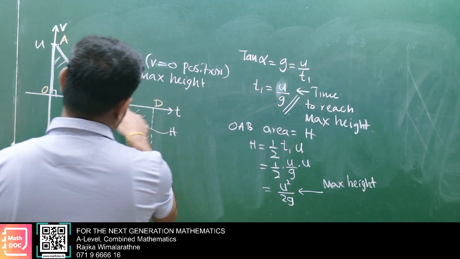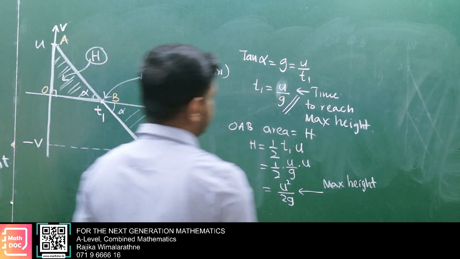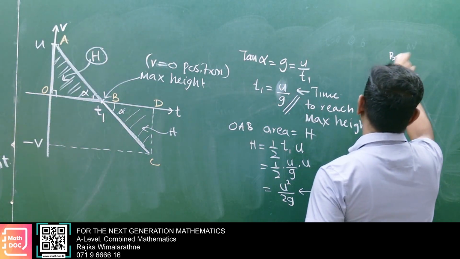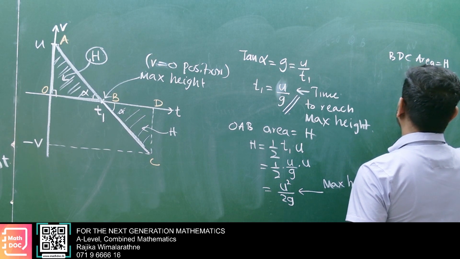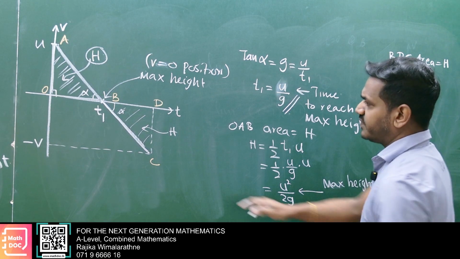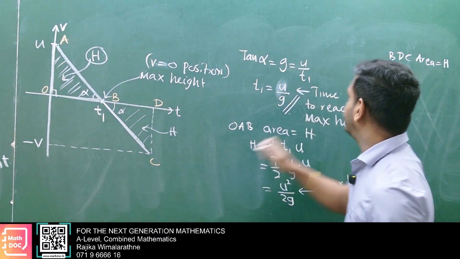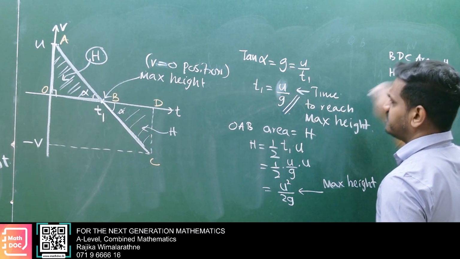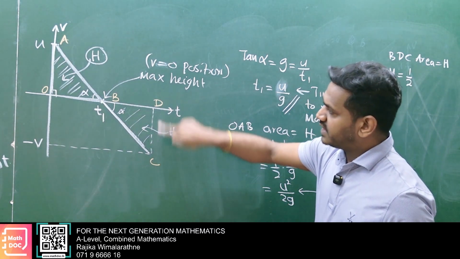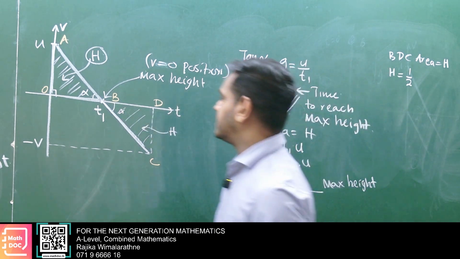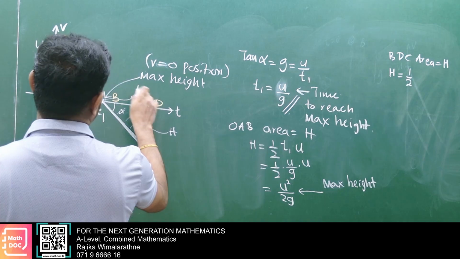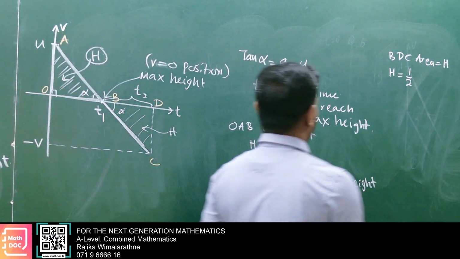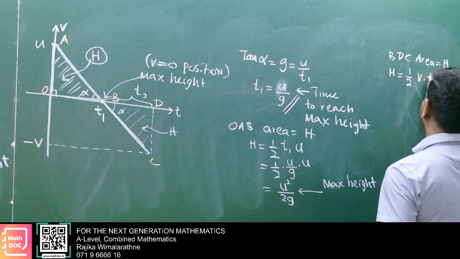Then when you consider BDC part, DC area equal H now. Then H equal, again H value equal half times here V times, here let's take T2, V times T2.